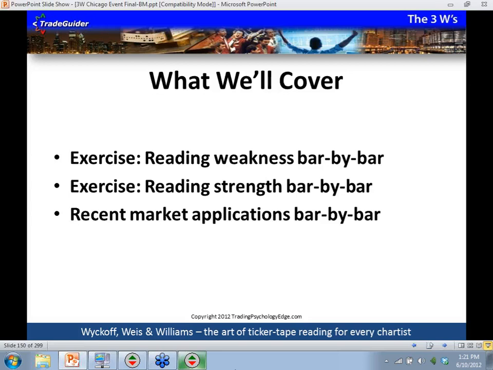And we've seen W's and M's and other things, but I want to take us back to just basic bar by bar reading of the chart, looking at the price bar and the volume, just to see what we can see in those price bars and volume. We'll look at weakness, and then an example of strength. Then we'll do a few market applications, and I'll show you where you can use this in conjunction with the Weiss wave and have maybe a little bit better of an edge in doing so.